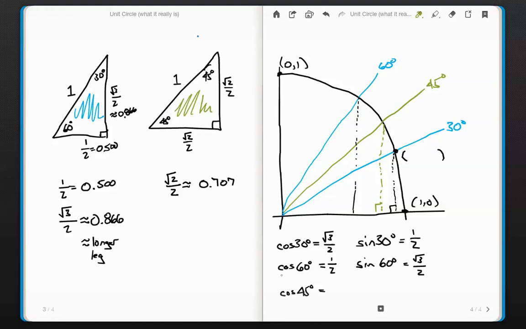So I know the cosine of 45 is going to be √2/2. And then we also know that the sine of 45 degrees is going to be the y-coordinate. Well, it's the same, right? It's an isosceles triangle. That's good for our team. So that's also going to be √2/2.